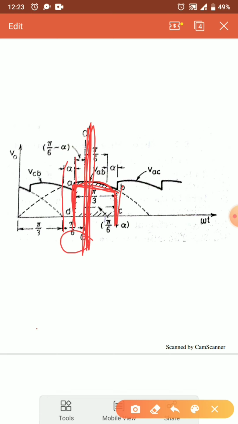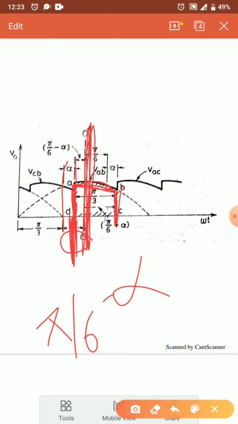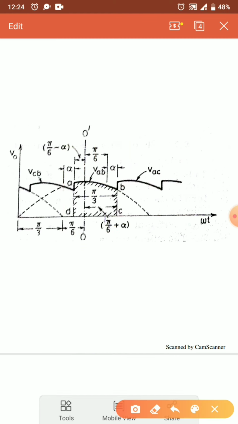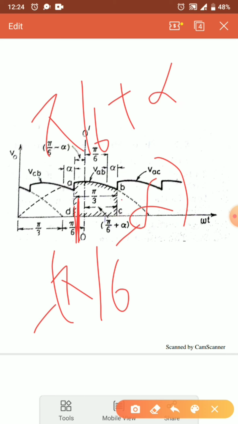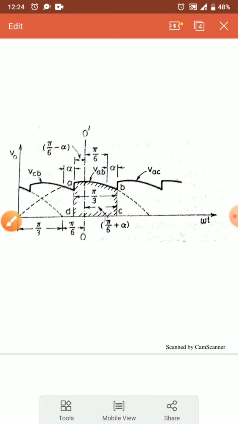If I subtract, pi by 6 minus alpha, I'll get to this point. And if I add, pi by 6 plus alpha, I'll get to this point. So these are my two limits. Now let us look further.